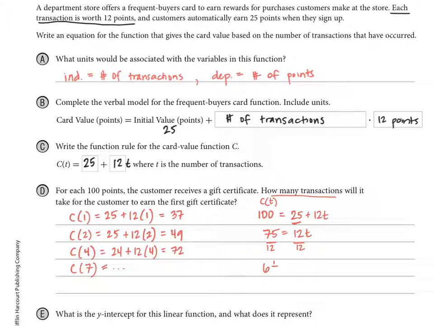Or 6 and 3/12, which is 6 and 1/4 if I reduce it. So this means 6 and 1/4 transactions, which makes no sense. So this means that it would have to be 7 transactions. Okay, so here I showed you two methods to answering this question.